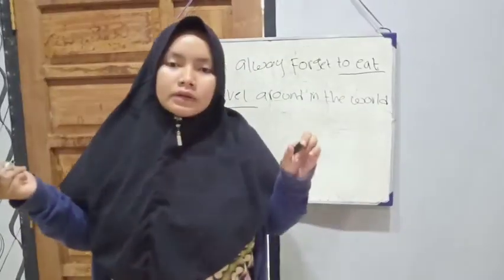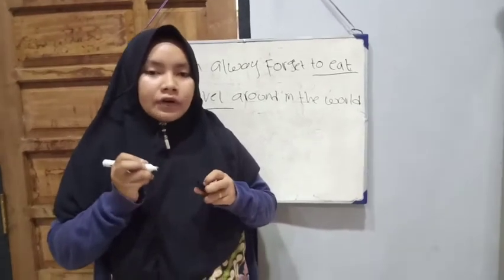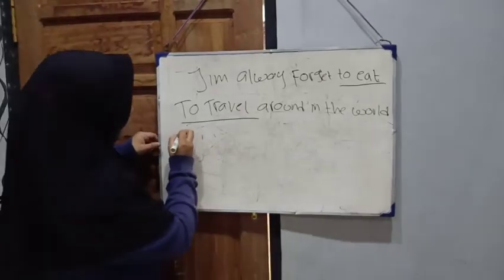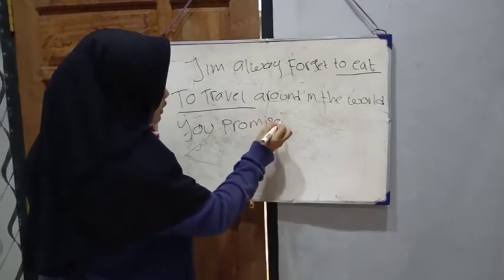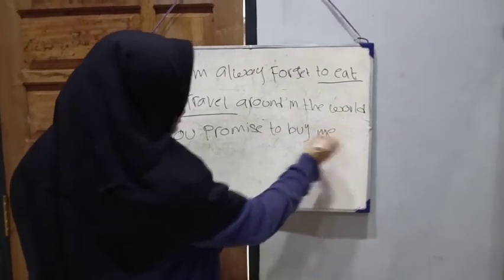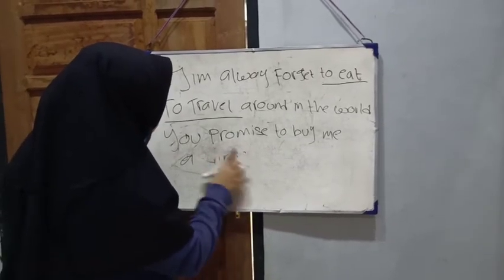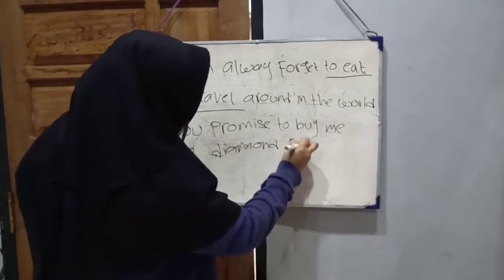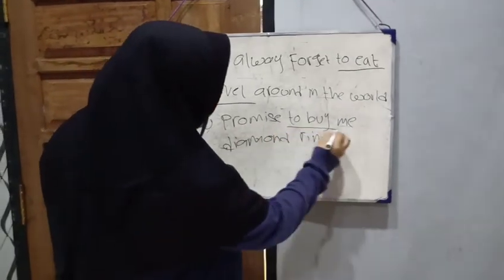And then an infinitive modifying a verb, for example, my niece came to buy me a diamond. And we underline to buy.